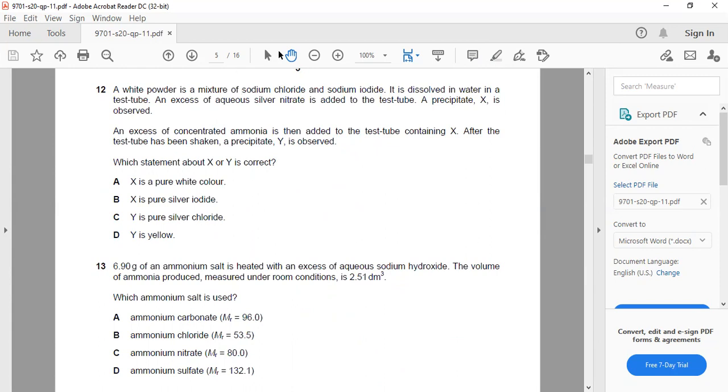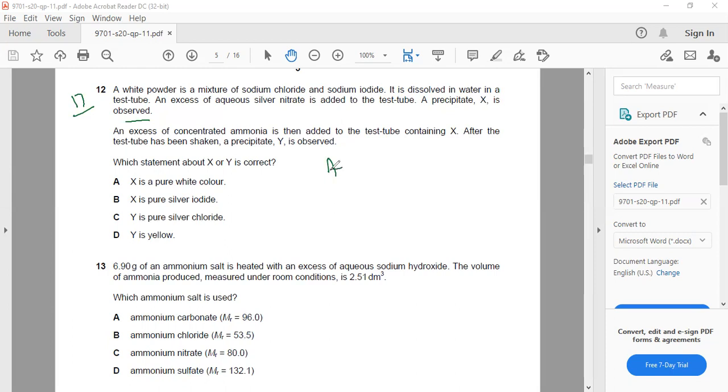Now, MCQ number 12. White water is a mixture of sodium chloride and sodium iodide, halogens, group 17. Silver nitrate is added and a precipitate is observed. Excess ammonia is added.